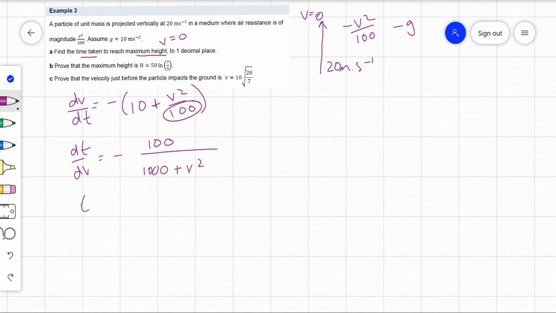So for my t, I am going to integrate with respect to v, going from v equals 20, remember, up to 0, and I should put that 100 out the front.